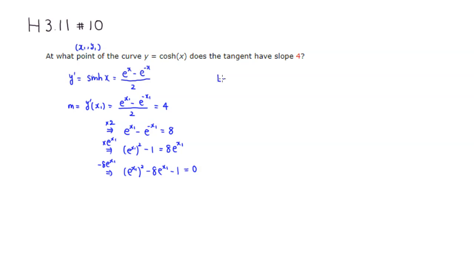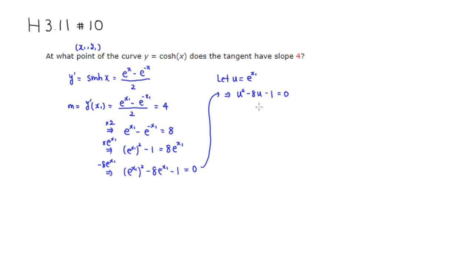I'm going to let u be e to the x1 power. So this is going to be u squared minus 8u minus 1 equals 0.